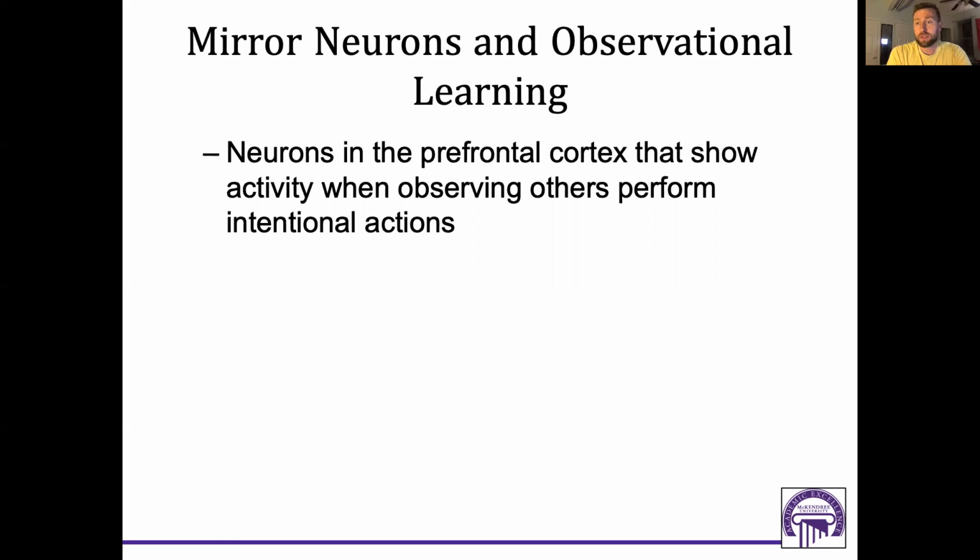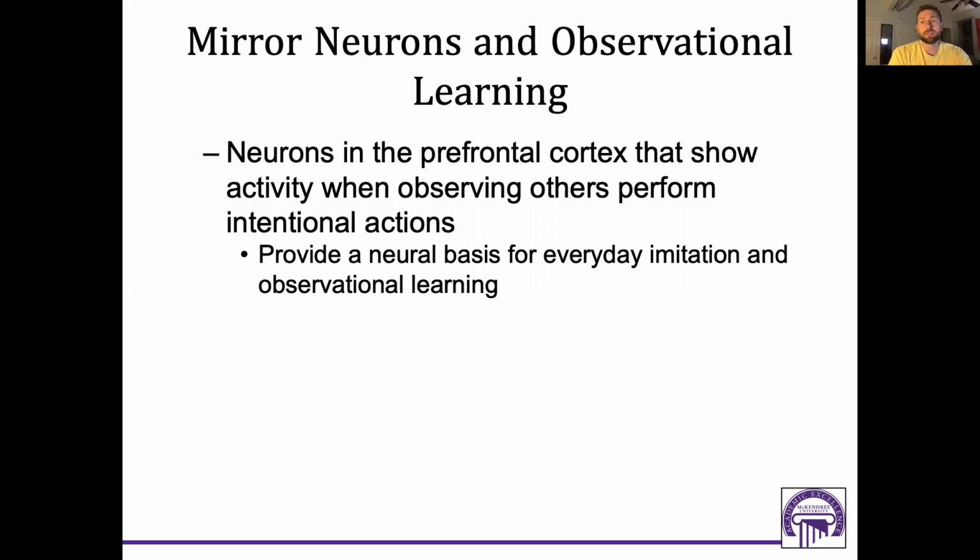It was later discovered that they're found in humans as well, in the prefrontal cortex. These neurons are active not only whenever the individual, originally a monkey, but people too, are performing actions, but also whenever they are observing other actions as well. It's the same neurons that are active in both scenarios. This might provide the neural basis for everyday imitation and observational learning.